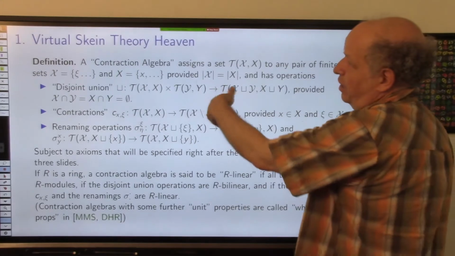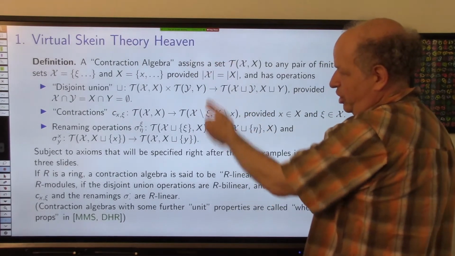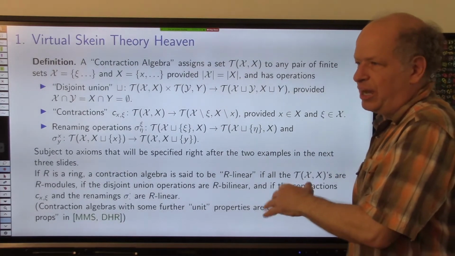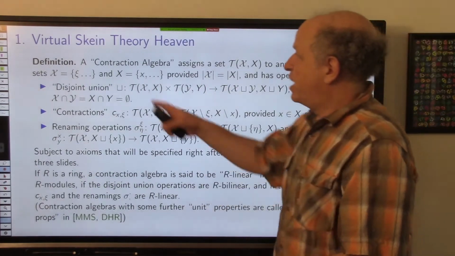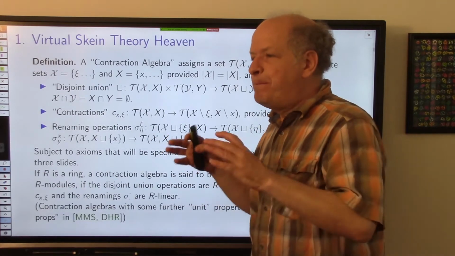So I have to make a definition, and first I'll make it completely formally, and then you will see how it's related to knot theory and why it's valuable. So a contraction algebra is a big object.